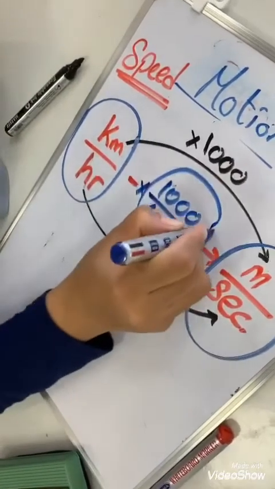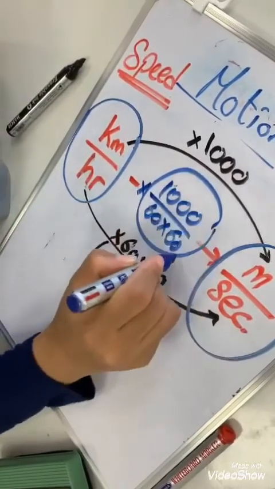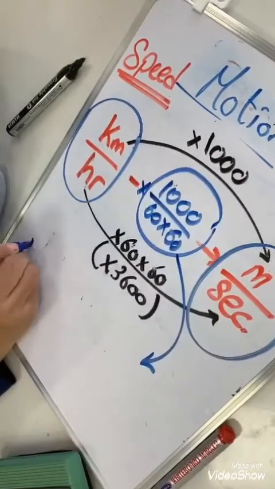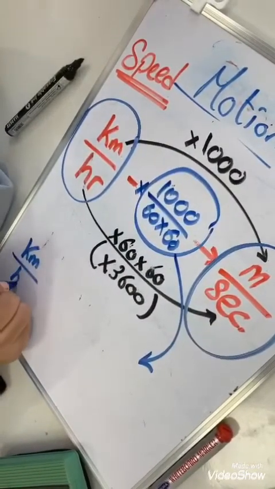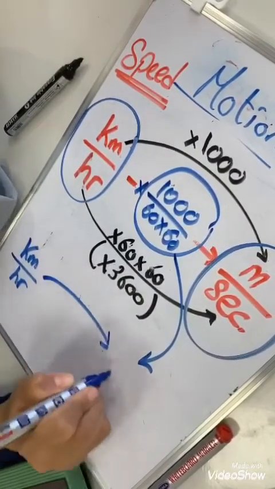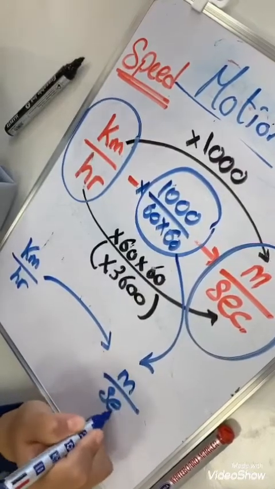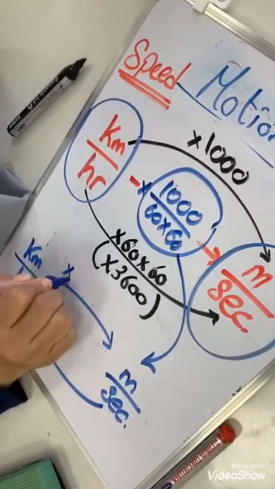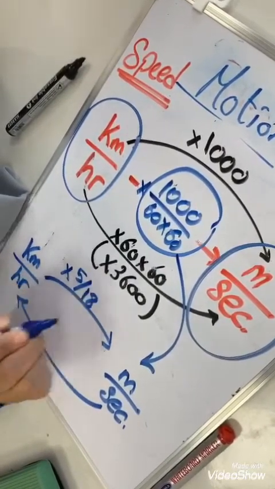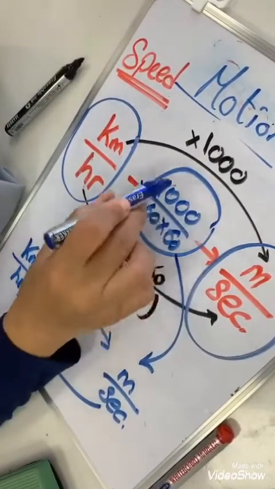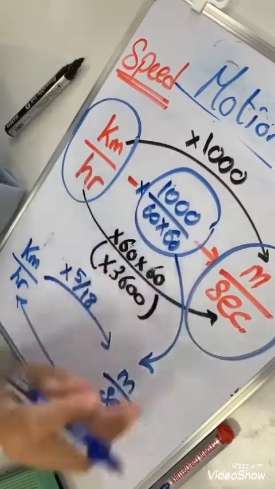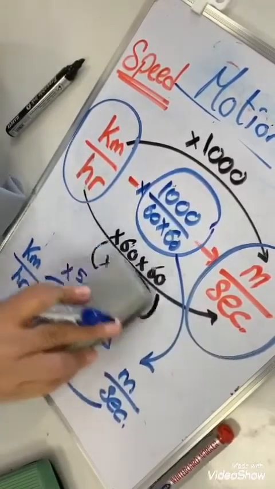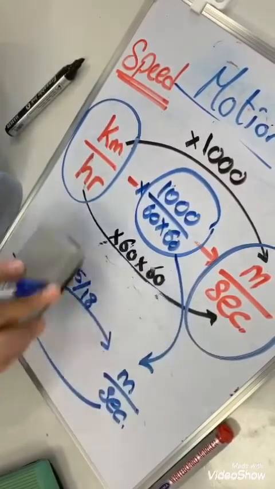This number was simplified: kilometer per hour to meter per second, times 5 over 18. This number 1000 over 3600 was simplified into 5 over 18.